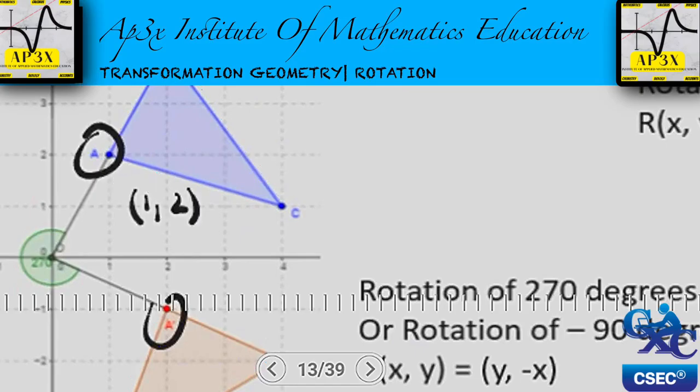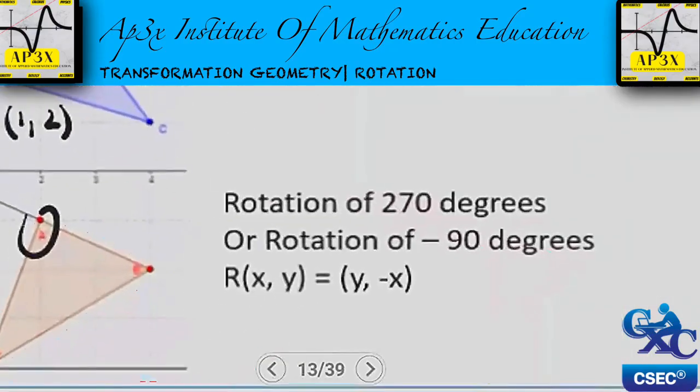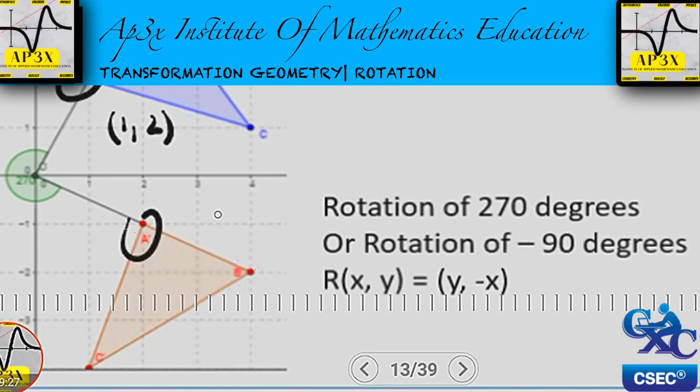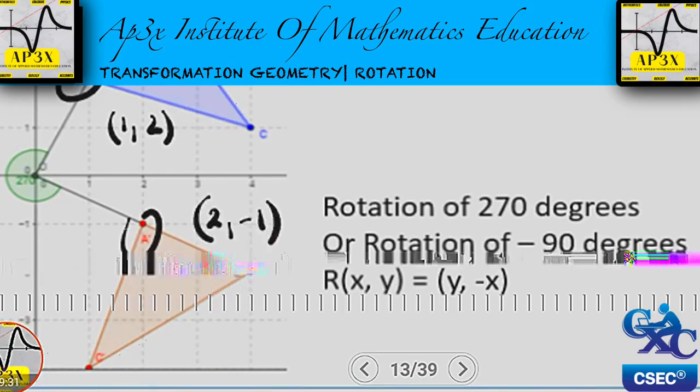By comparing it to A prime, you'll realize that A prime is in fact at (2, -1). So if you make the comparison, you realize that there is a switch in the ordinate values. So (1, 2) became (2, 1), but notice that the x value, the 1, changes sign to a negative in this case.